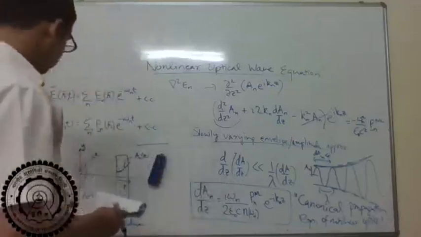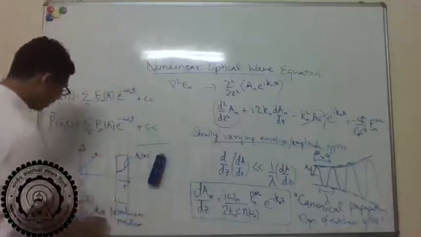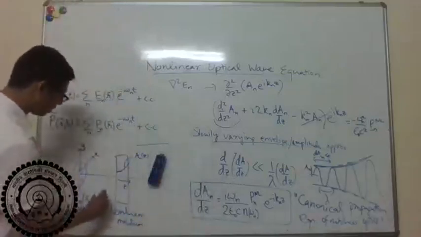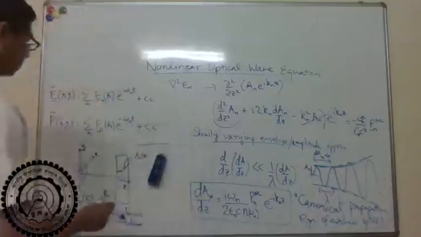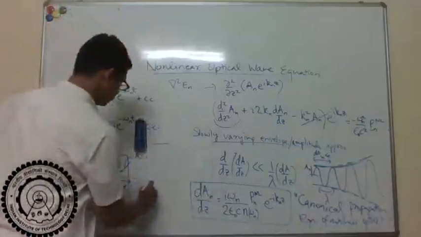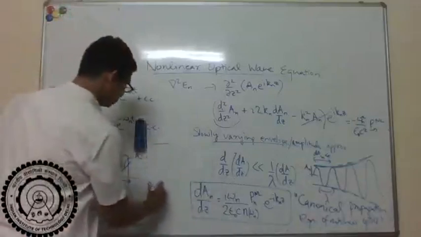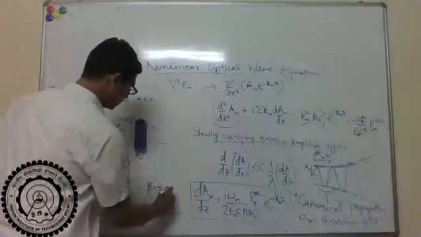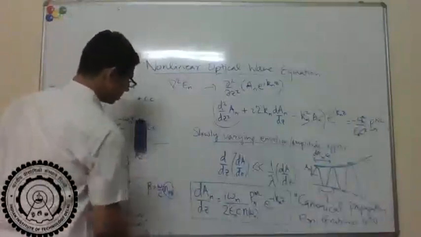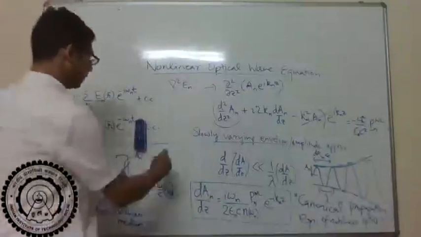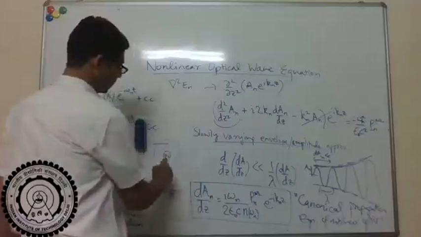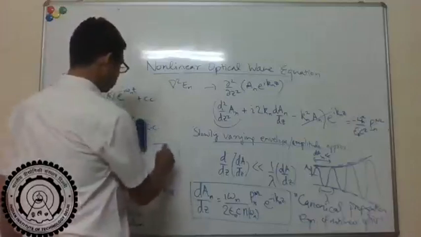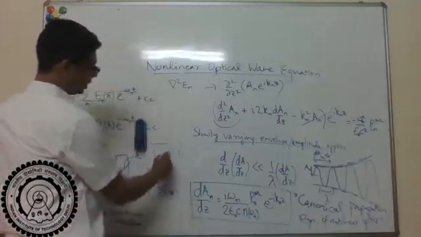And typically, for the mode, instead of k we write beta as the propagation constant. That beta is like k, except that instead of the refractive index, we have something called the effective index. Let's say you have a fiber with a core and cladding refractive index, and my mode profile extends out into the cladding a little bit.